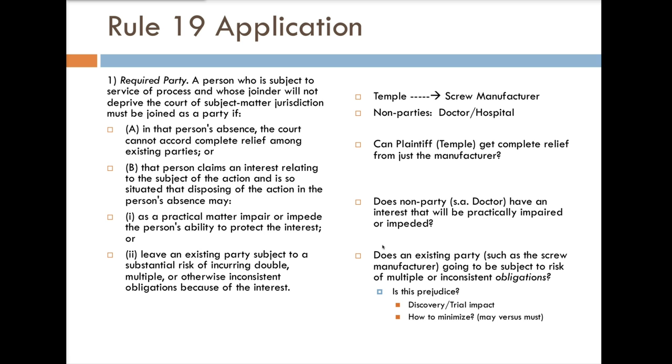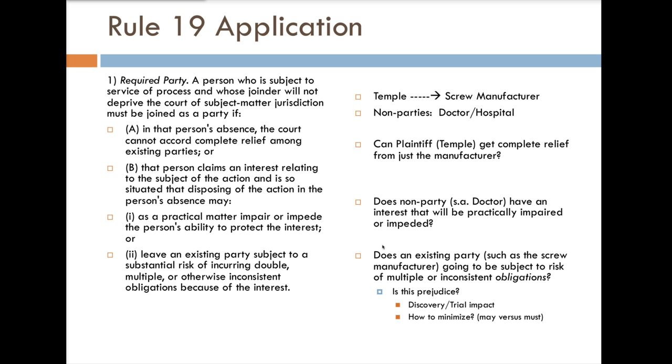Even if they wanted to establish that they were not the only ones liable, they can do that without including these other current non-parties. As we'll talk about next week, you can get discovery from people who are not actually parties to the lawsuit. In addition, you can bring in evidence and witnesses from people who are not parties. So not having these other people as parties does not necessarily result in prejudice.